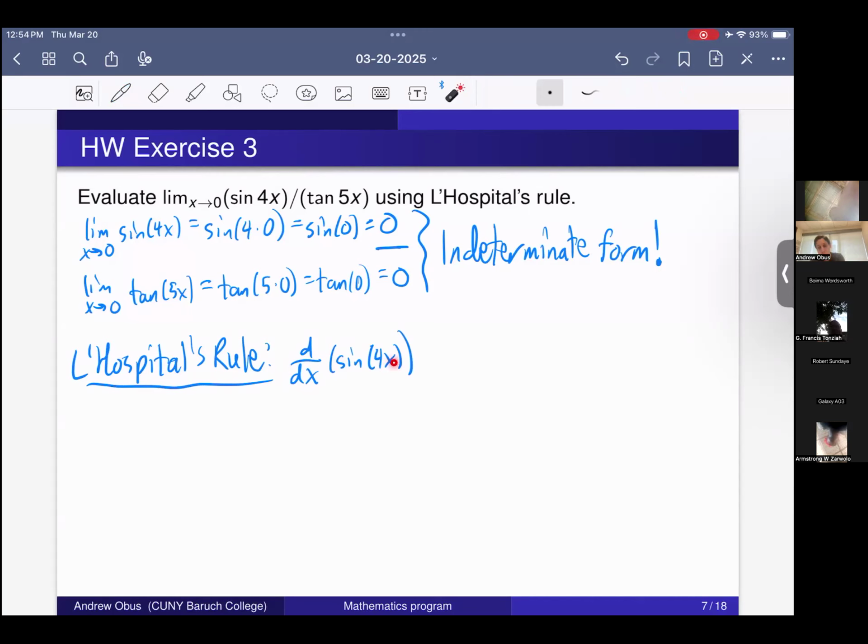Remember, when we're doing this derivative, this is a composite function. We know the derivative of sine of x is cosine of x, but here it's not just sine of x, it's sine of 4x. So what rule do we need to use in order to evaluate this derivative, since we've got an inside function, 4x, and an outside function, sine?